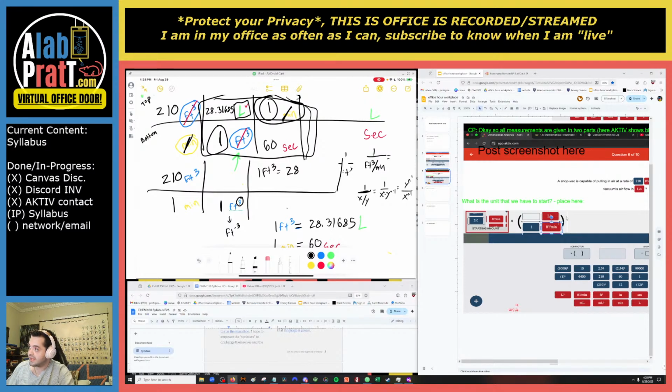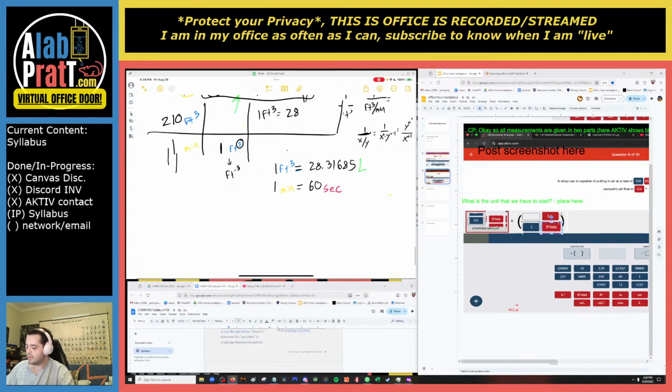And so the number we need is, what is this number? We need the liter per second conversion. That is already set up for us to do, liters per second, because that's what I see up here. It's going to be in liters per second.